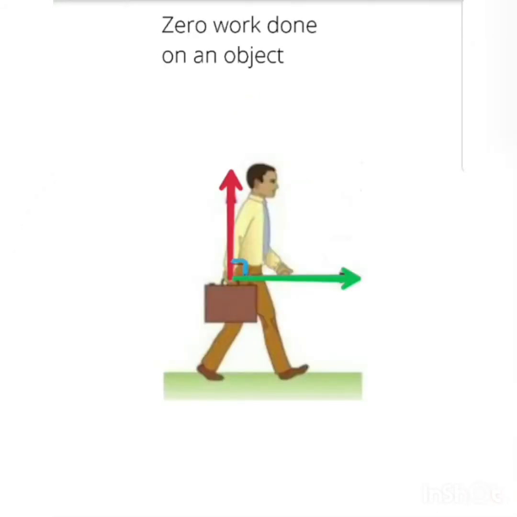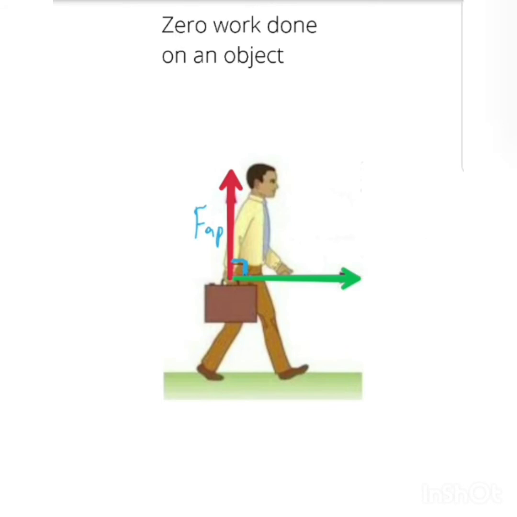Now, for zero work done on an object, whenever you have any force, be it the normal force or the force of gravity, or any force component that is acting perpendicular to the direction of the displacement, that type of force is going to be doing what we call zero work.